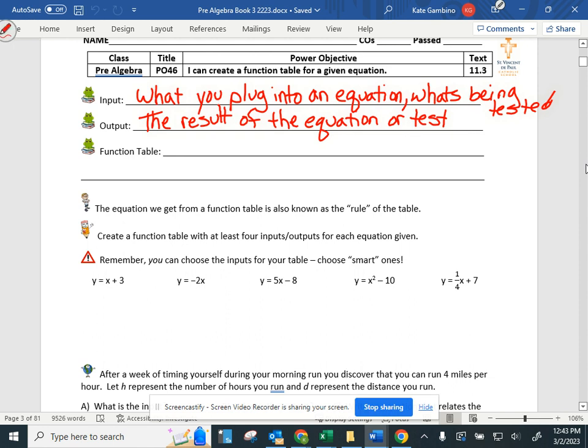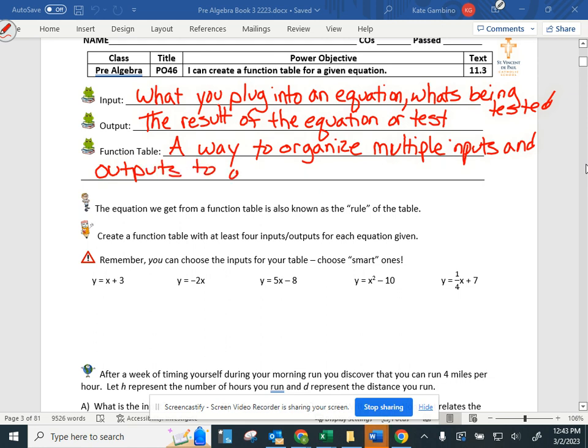So the function table is a way to organize all the multiple inputs and outputs to get ordered pairs for a graph.